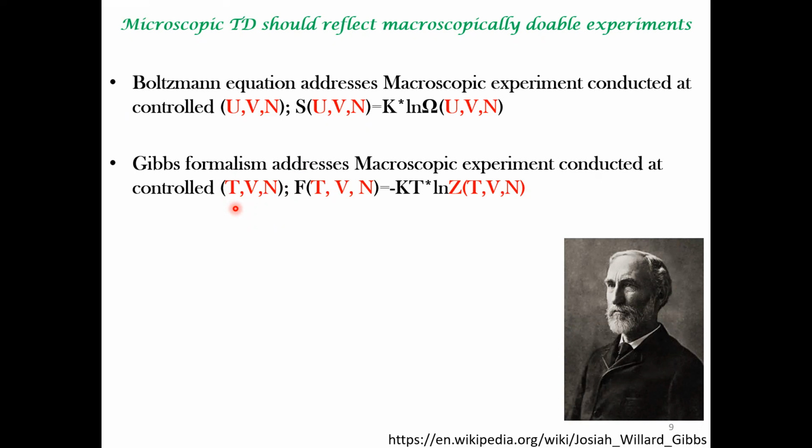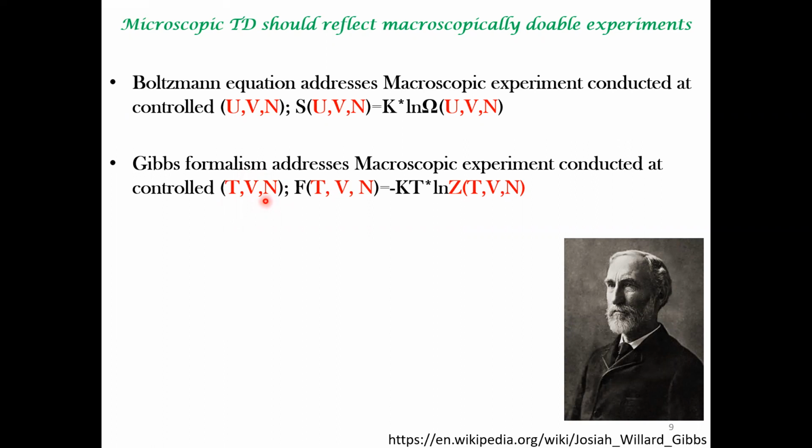So this system can exchange energy, but its temperature is the same as the thermal reservoir. He looked at a different macroscopic constraint: it controlled the temperature of the system, the volume of the system, and the number of atoms. So that's not an isolated system.